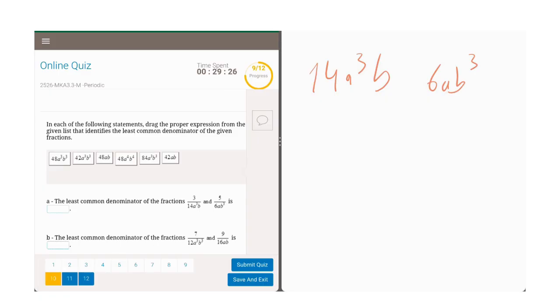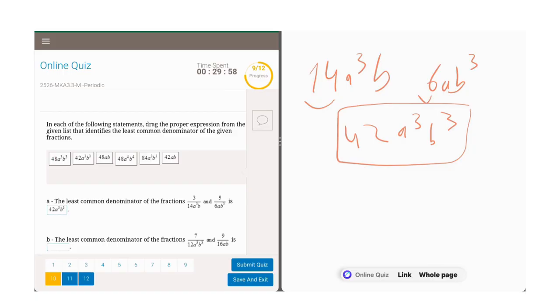The common multiple of 14 and 6 would be 42, because 14 times 3 would be 42, and 6 times 7 would be 42. Then we take the largest power of every variable, so a would be a cubed and b would also be b cubed. So this would be the LCD: 42a cubed b cubed.